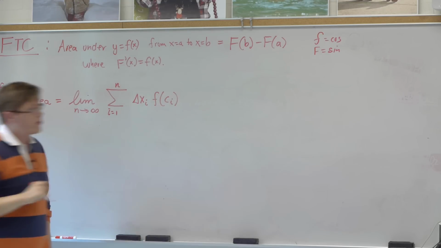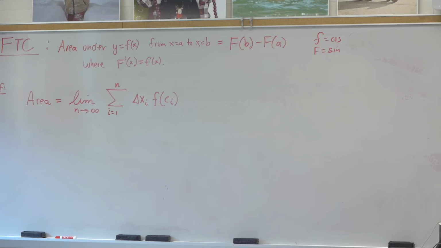And this is a very abstract way of writing what I already wrote on the board. It's the limit as n goes to infinity of the sum from i equals 1 to n of delta x i. Well, what's delta x i in words? The width of which rectangle?